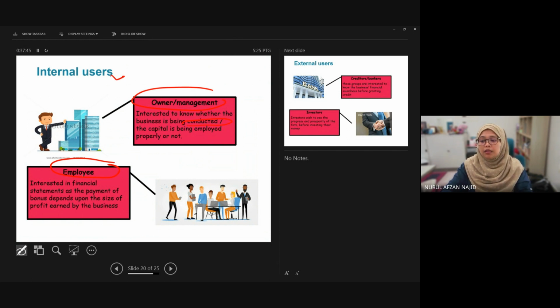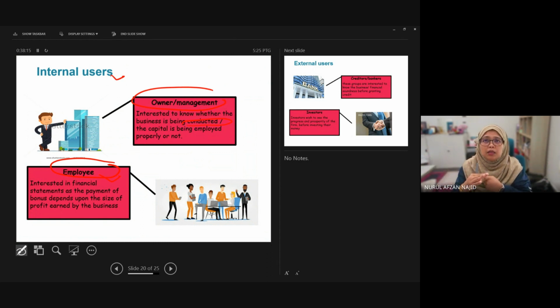As an employee, dia kena tahu in term of financial statement sebab dia nak tahu kalau financial statement of the company dapat profit kan, adakah dia boleh dapat bonus daripada good performance of the company. Of course kan, ataupun dia nak tahu ada tak pekerja-pekerja yang perlu dibuang. So employee perlu tahu semua benda tu.